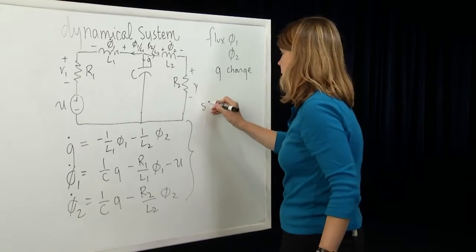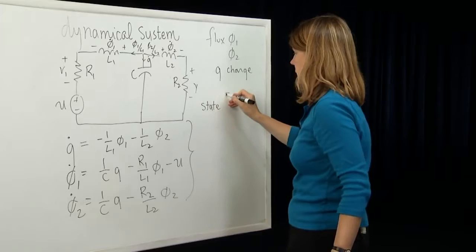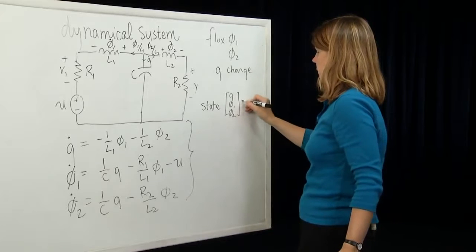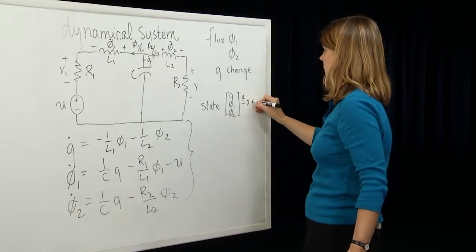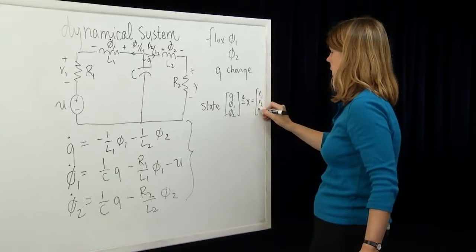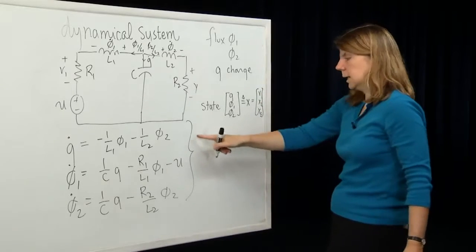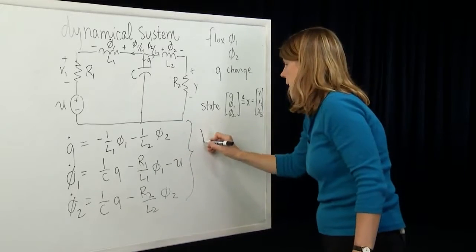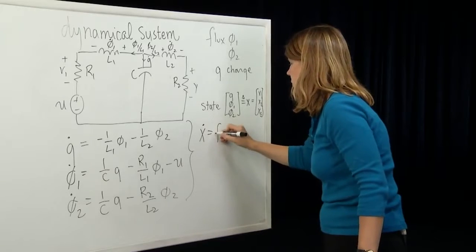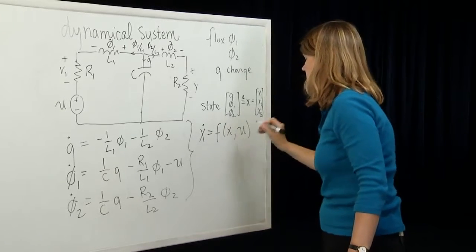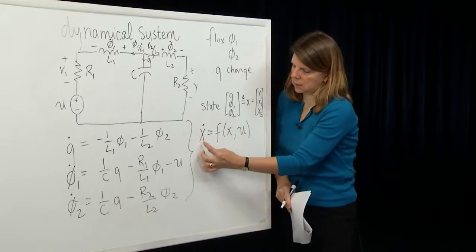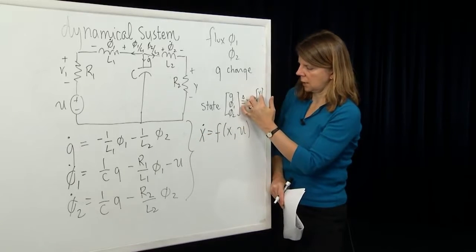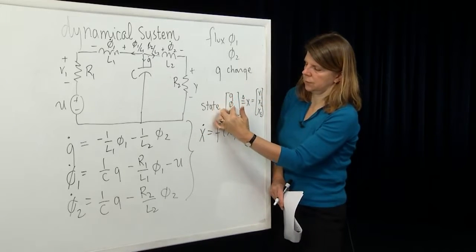So if we define for this example the state to be Q, Phi1, and Phi2, that's my definition of what my state x is, or x1, x2, x3. Then I can rewrite that set of 3 first-order differential equations as a vector-valued differential equation, where on the left-hand side I have a first derivative of this vector x, so that's x1 dot, x2 dot, x3 dot, or q1 dot, phi1 dot, phi2 dot.